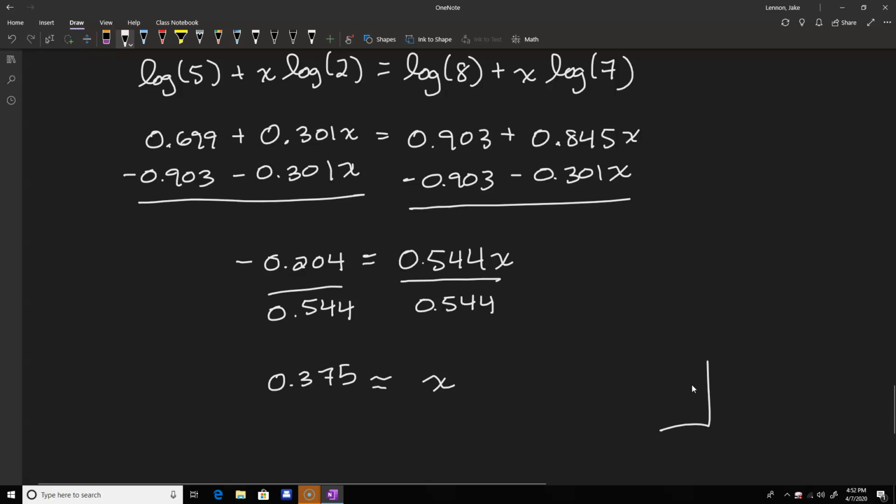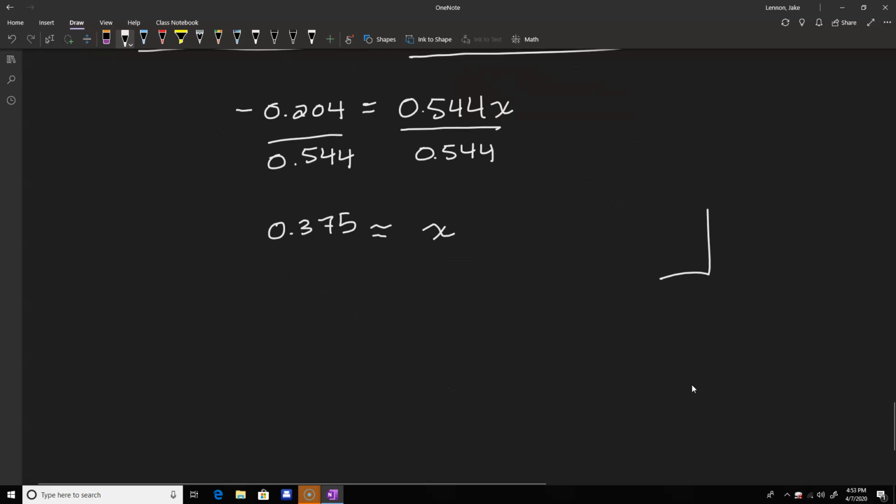So if we want to do one last example, maybe we will involve some division, so we have to use property 4. So let's say we have 3 to the 2x divided by 14, and let's say this equals 2 times 6 to the x.